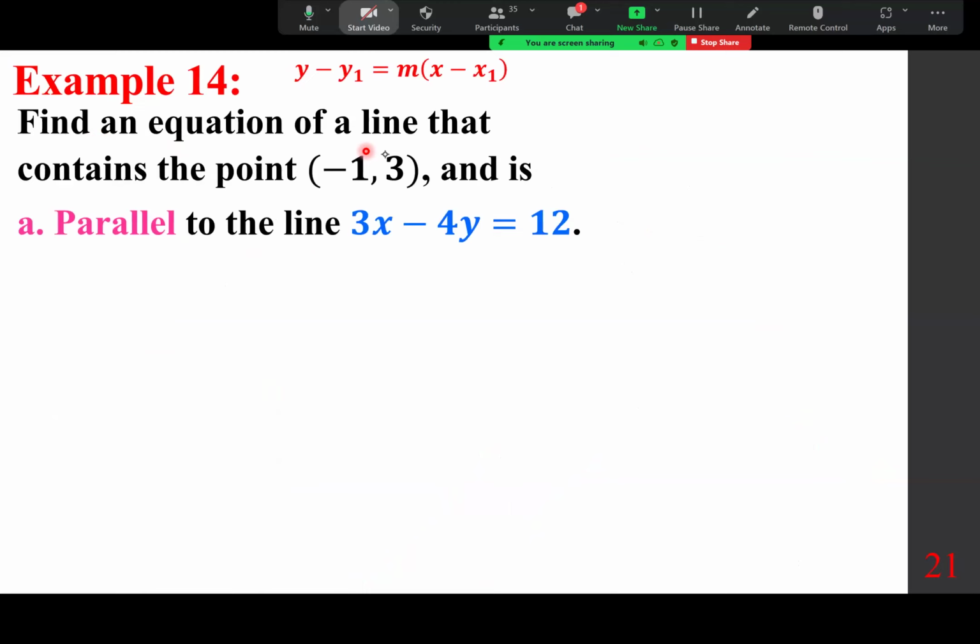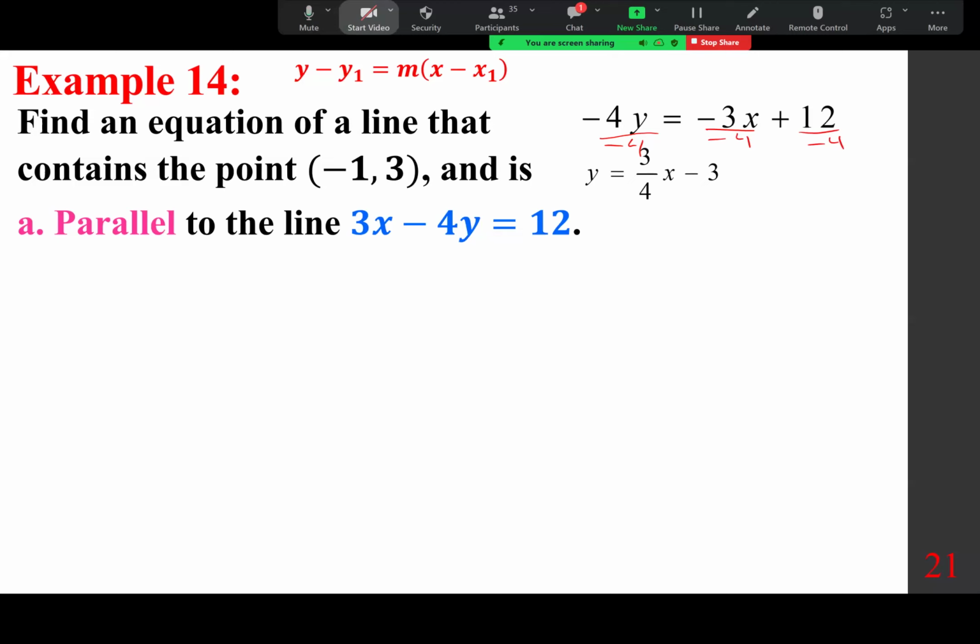Find an equation of a line that contains this pair and is parallel to this line. Well, first and foremost, we have to solve for y to find the slope of the given line, which means we're going to move the 3x. We're going to divide both sides by -4, and therefore the slope is 3/4.